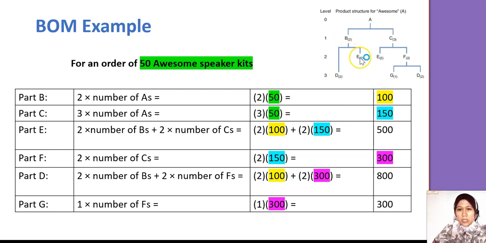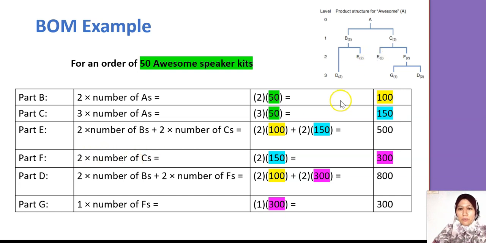Since we need 2E, there are 2B and also 2C. So 2 times the number of B, which is 100, and then 2 times the number of C, which is 150. We add them up and get 500 for component E.